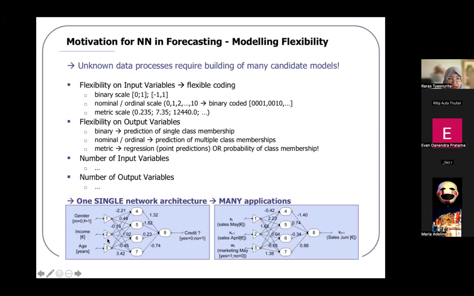So for example, here, predicting whether we can give the customer credit or not, or can they fulfill the payment of the credit or not, right? So the decision will be giving them credit, yes or no, 0 or 1.